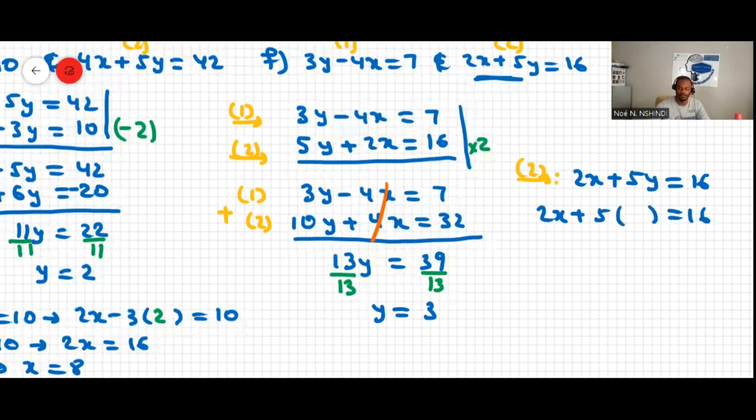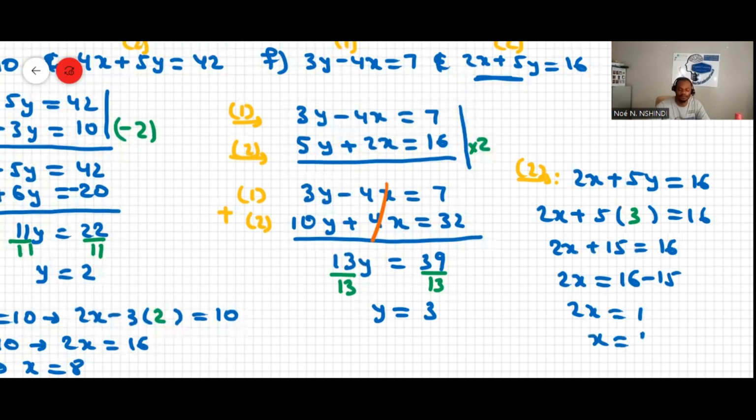We substitute in the value of y, which is 3, and this makes 2x plus 15 equal to 16. That makes 2x equal to 16 minus 15, 2x equal to 1, and x will be equal to a half. So when y equal to 3, x will be a half.